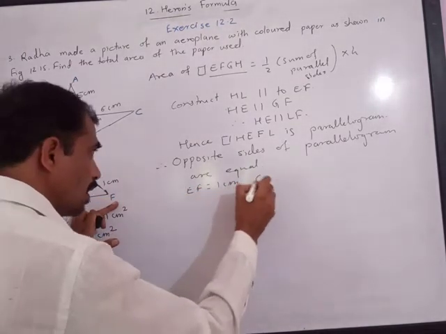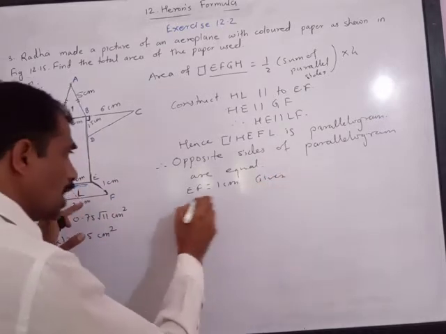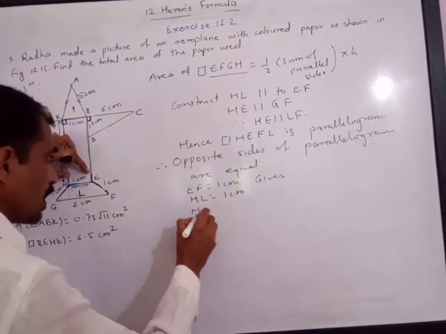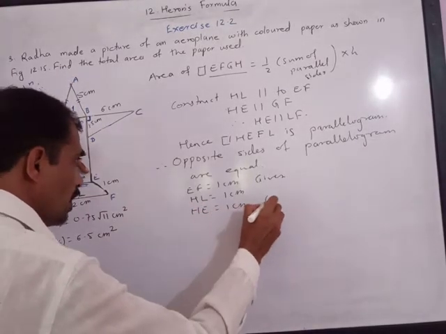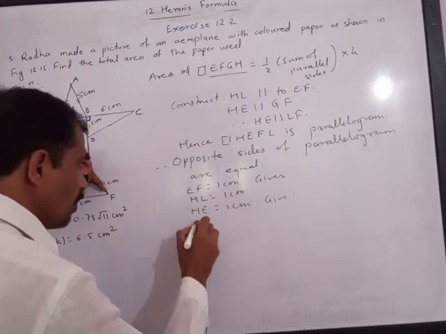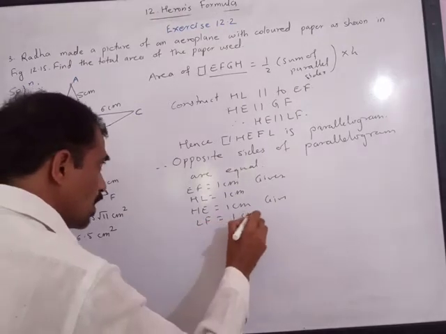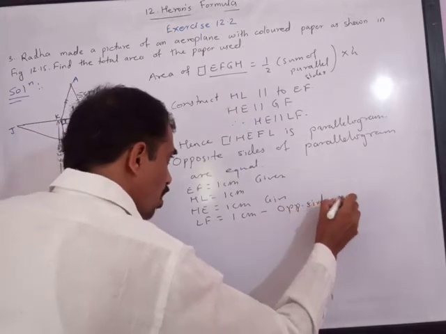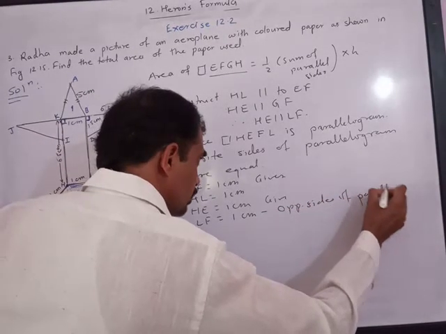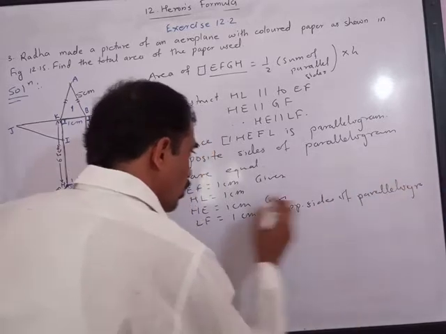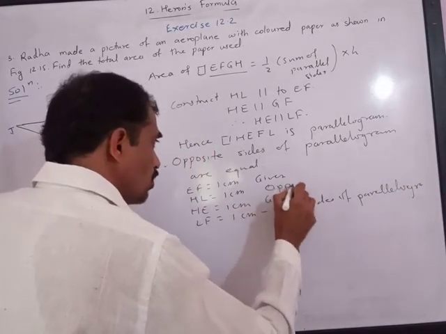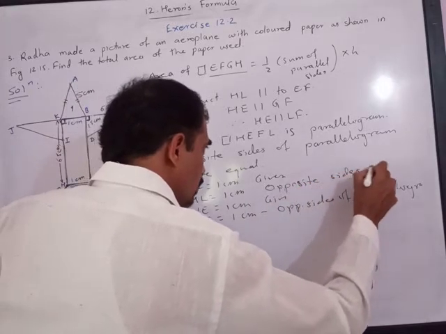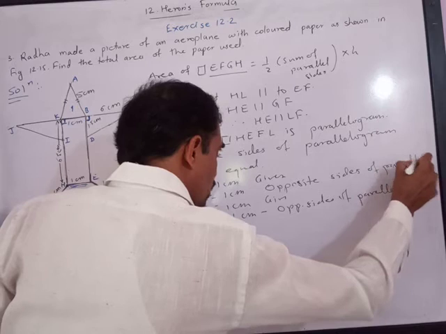This is given. Therefore, I will get HL also equal to 1 centimeter. Now, HE is equal to 1 centimeter, given. Therefore, LF is equal to 1 centimeter. The reason is opposite sides of a parallelogram are equal.